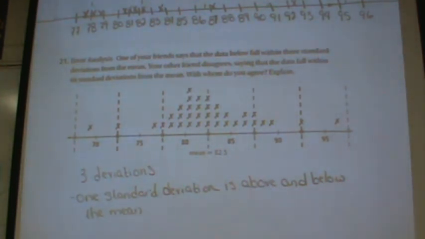So this is basically to remind you that 1 standard deviation is on the left-hand side of the mean and the right-hand side. So there are 2 parts to a standard deviation. It's not just 1 single line.